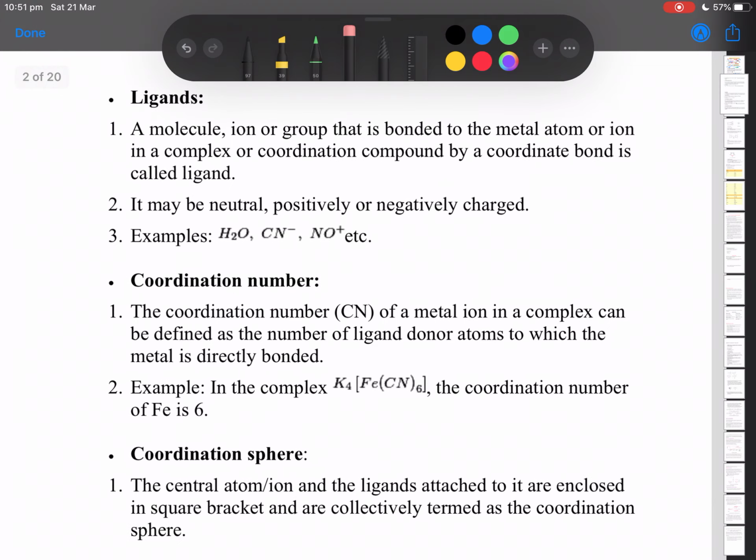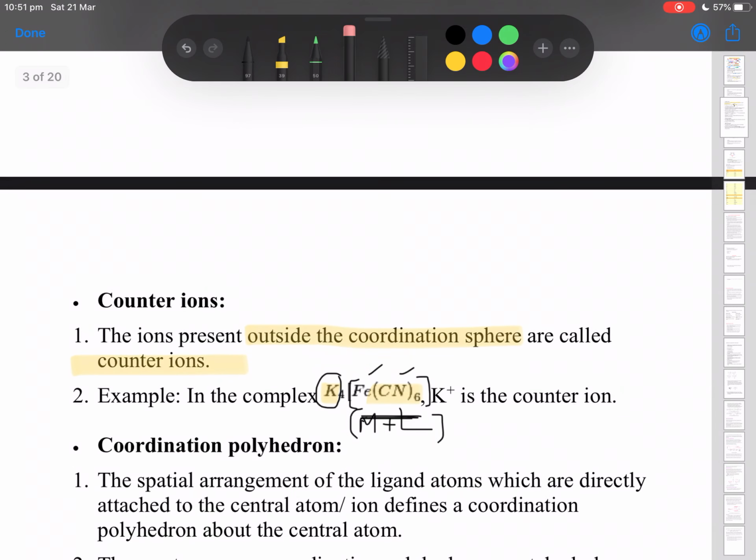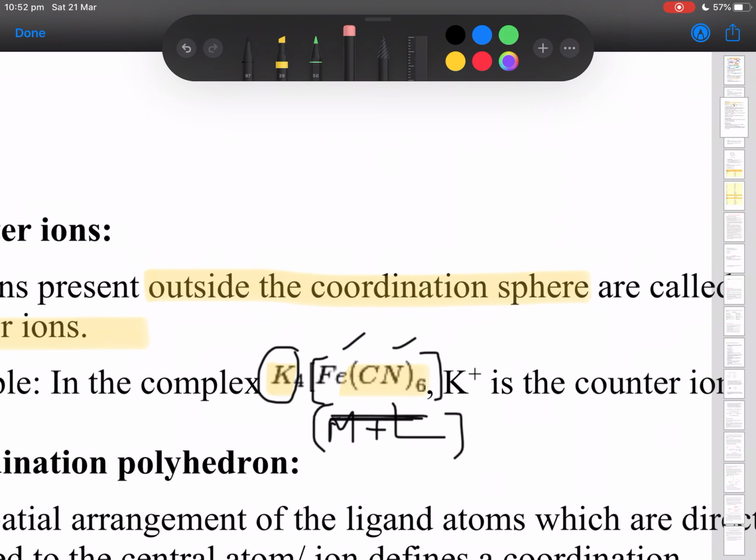So counter ions are present outside the coordination sphere, and it doesn't make a difference whether it is present towards the left side or the right side. Whether it is written towards the left or right, it still remains an ionizable ion. But can you notice what is the difference between this and the one which I have written before?